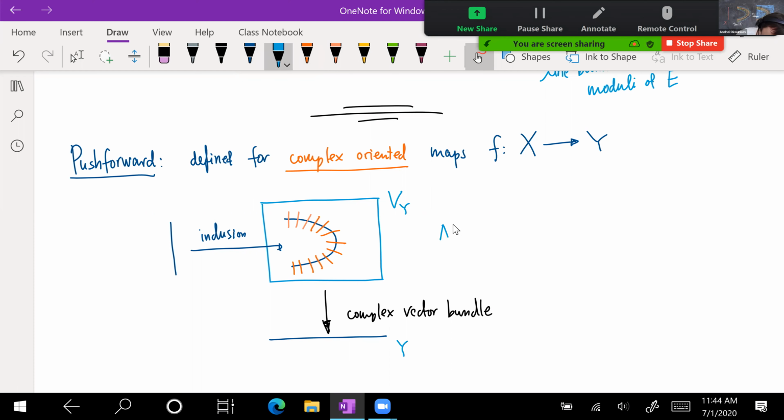So if I compute the normal bundle to the inclusion, let's call it inclusion I, so maybe I'll write the normal bundle inside V over Y to the inclusion of X. This is also complex.